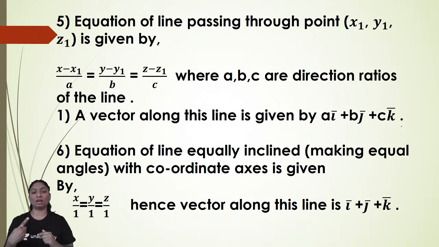We will see one example of each type here, how to find the directional derivatives when examples of that type are given: whenever vector a bar is directly given, when points are given, then tangent components are given, then normal to a surface is given, then the equation of a line passing through the point x1, y1, z1 is given, and lastly when the equation of a line equally inclined, making equal angles with the coordinate axes, is given.